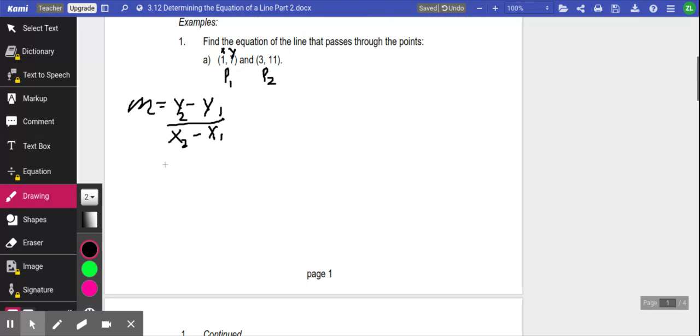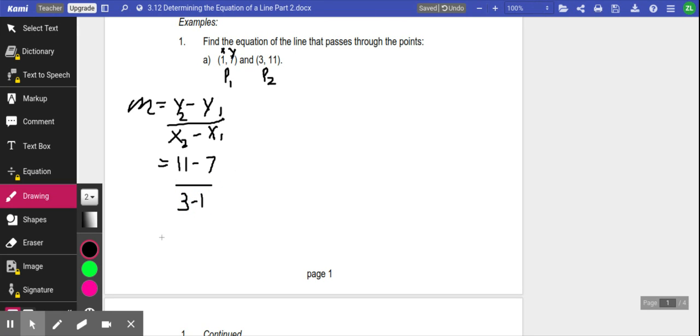So if we filled in our numbers there for our equation, sorry once again if the writing isn't super neat, our y2 would be 11. This would be 11 minus our y1, which is 7 in this case. And then we'd fill in our x2, which is from point 2, which is the 3. And then subtract 1.